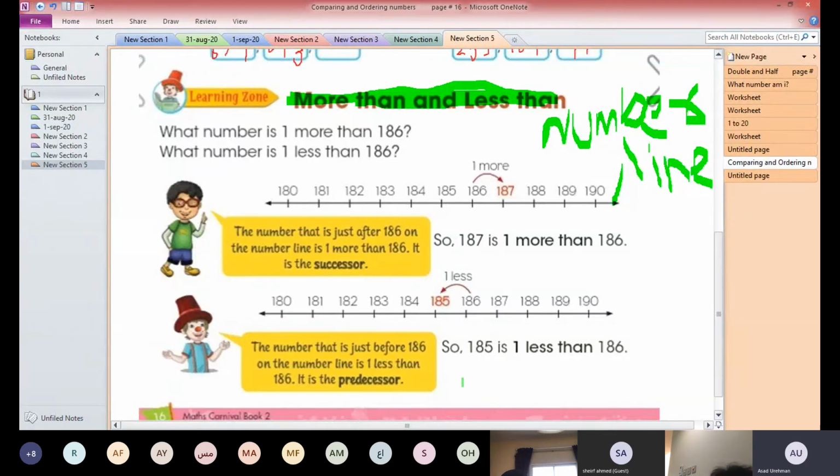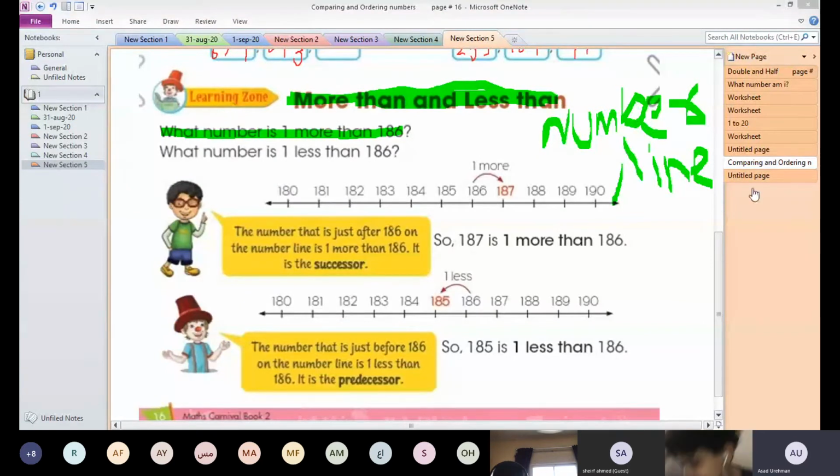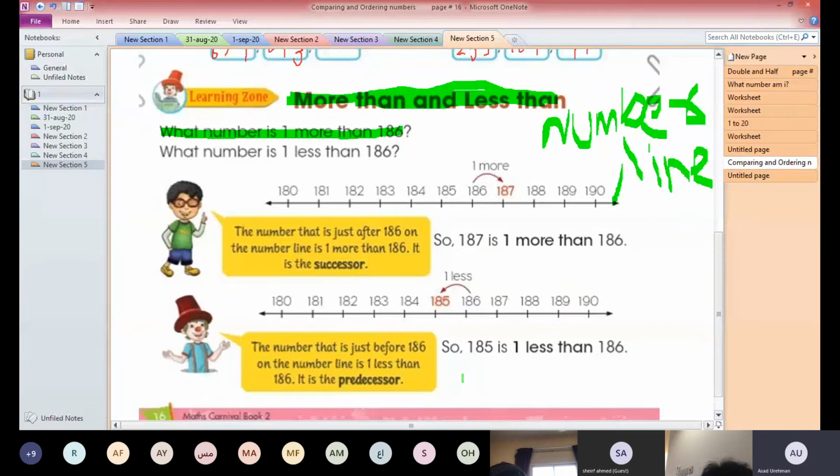Okay, now what you need to do, you need to learn what is more than and what is less than. More than means addition. How addition? I tell you, the question is asking what number is 1 more than 186. They want to ask about the number which is more, more means extra, which is after it.